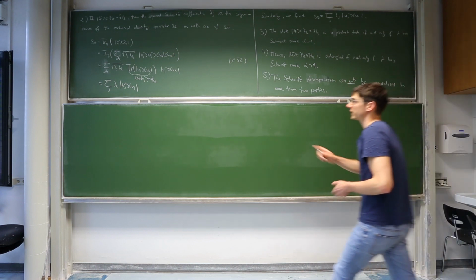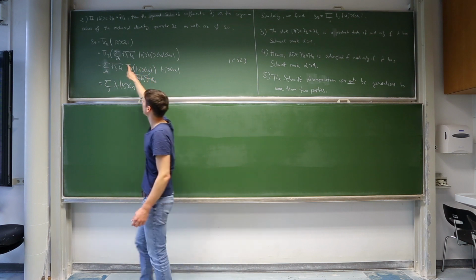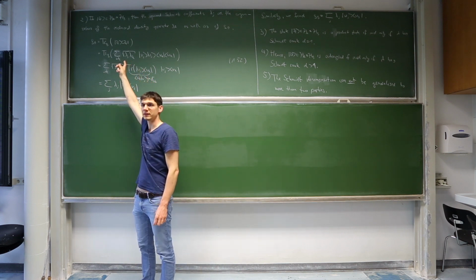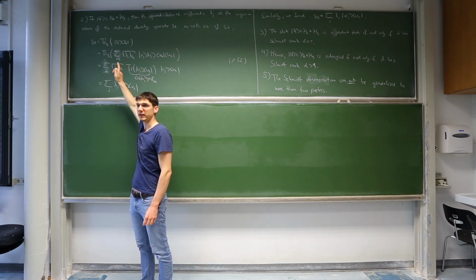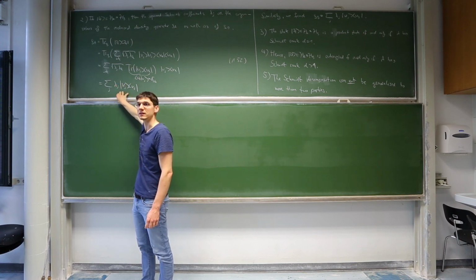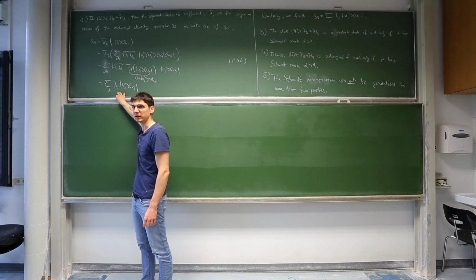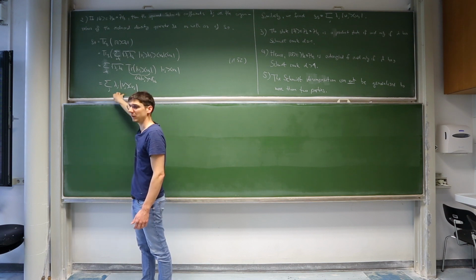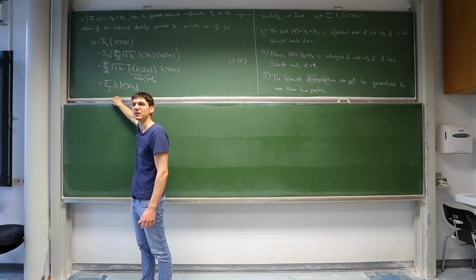So what we've done here in this calculation is we started from a pure bipartite state. We traced out one system, and we got the reduced state as a mixed state if there is entanglement. Okay. Now we're going to ask the question just vice versa. Suppose that we are given a mixed state.